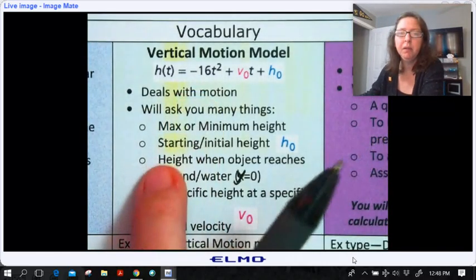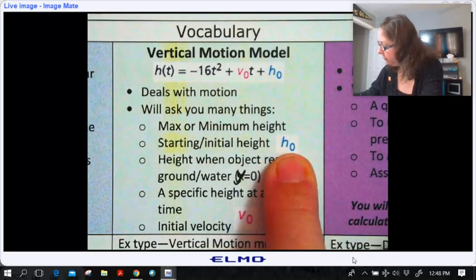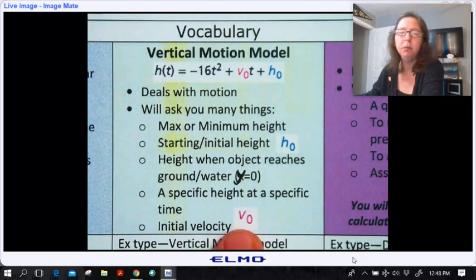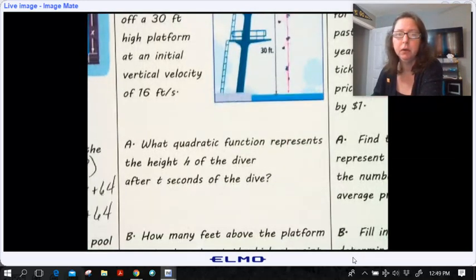They have given me the initial height of 30 feet, and they have given me his initial velocity, which was 16 feet per second. So let's go ahead and fill those in here.